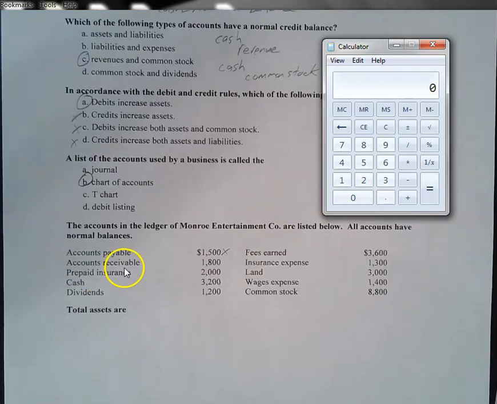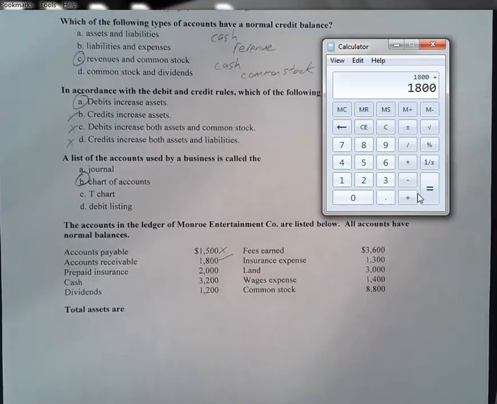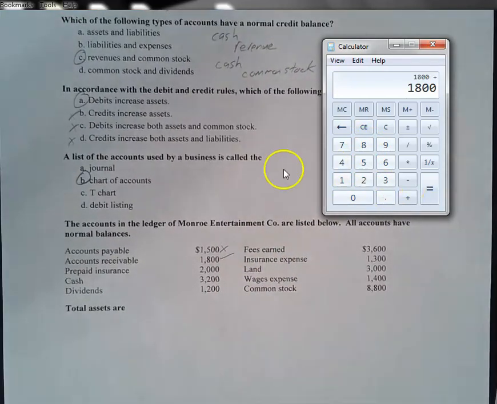Accounts receivable is the next item. This is most definitely an asset related to sales on credit, and we're going to get a future benefit in the form of cash when we collect on that accounts receivable. So accounts receivable, we'll put a little check mark there. Prepaid insurance, what do you think?